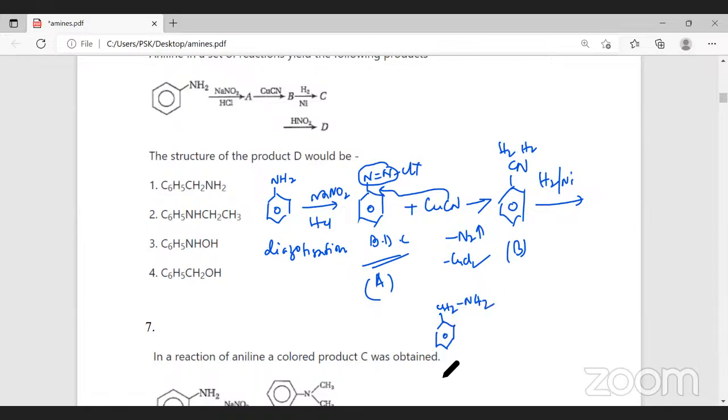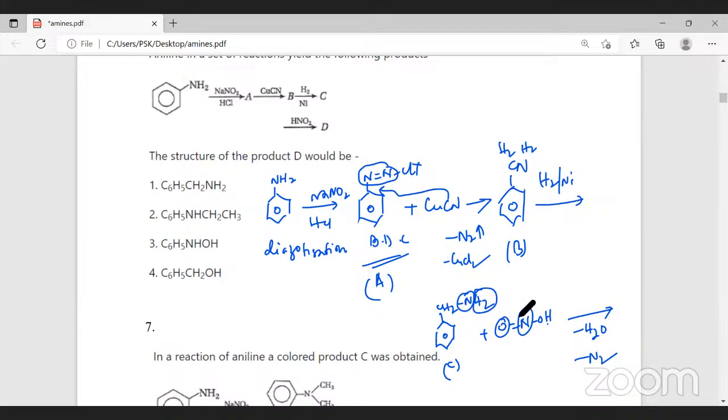So this is C. This, when allowed to react with nitrous acid, HNO2, we can write it like this. So what happens is, this H2 and this O get eliminated as water. These 2 nitrogen atoms get eliminated as nitrogen gas.